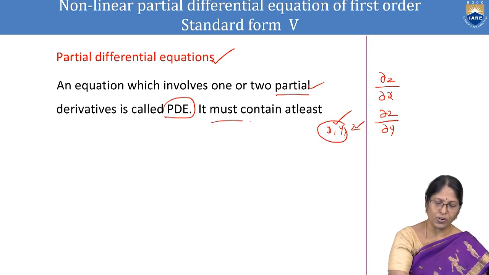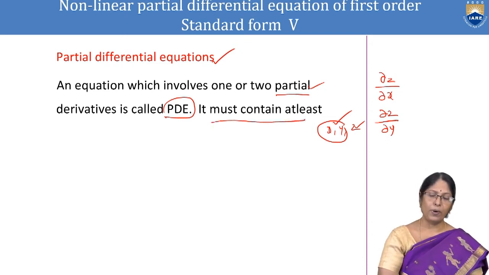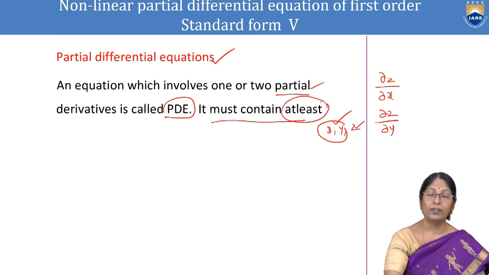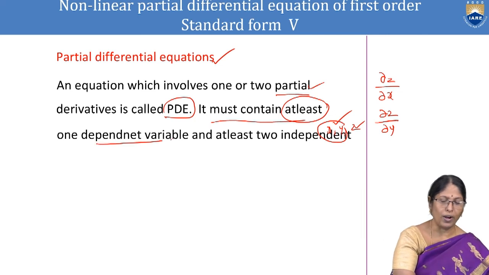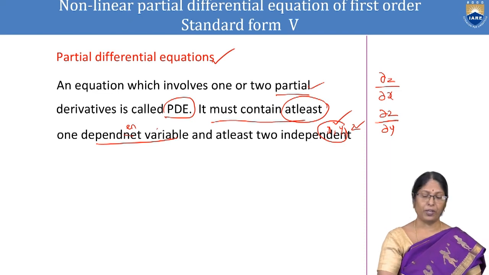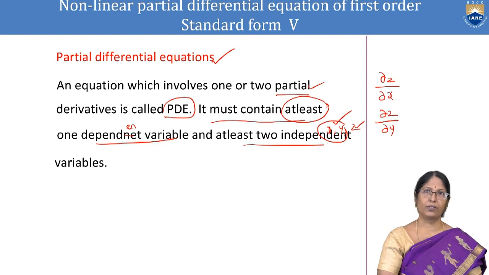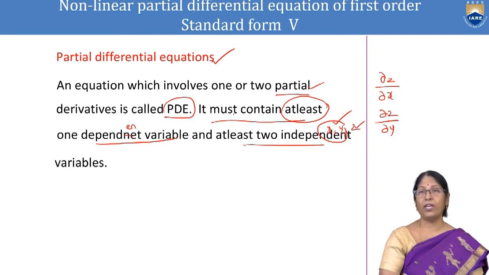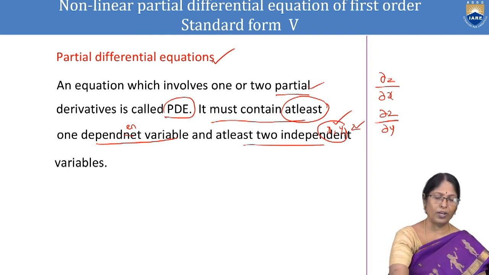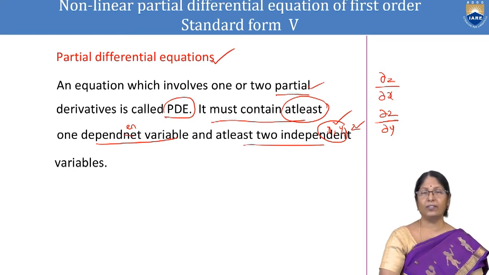So the partial derivative should compulsorily have at least one dependent variable and two independent variables. Then we will call such equations partial differential equations.